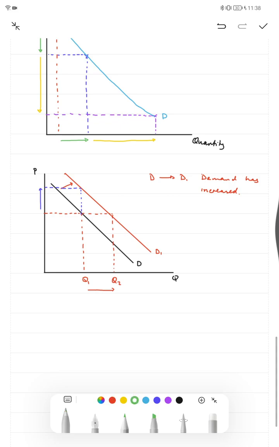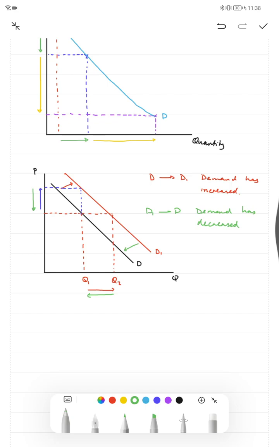And if we were to go from D1 to D2, from D1 to D, demand has decreased. So if we were to go the other way, demand would decrease, which makes sense, in terms of, that means for the same quantity, people are willing to pay less.